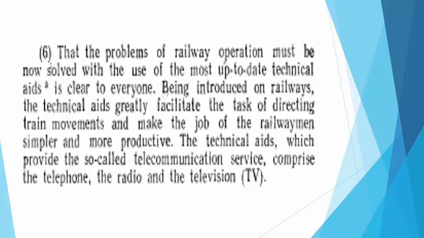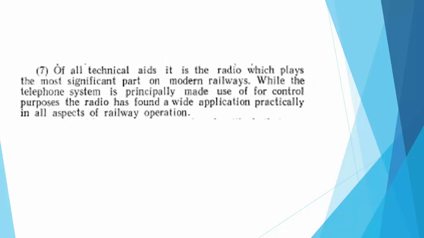The technical aids which provide the so-called telecommunication service comprise the telephones, the radio, and the television. Of all technical aids, it is the radio which plays the most significant part on modern railways.